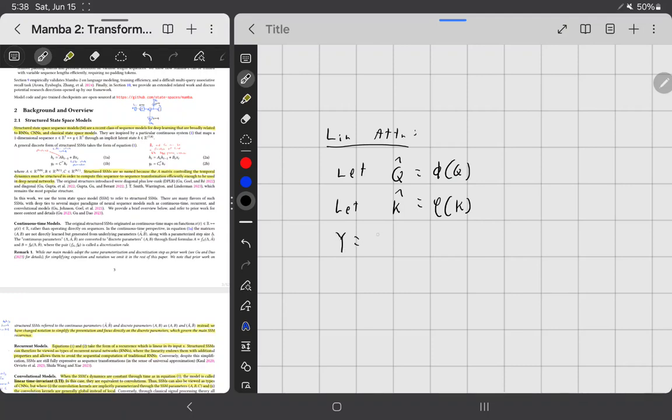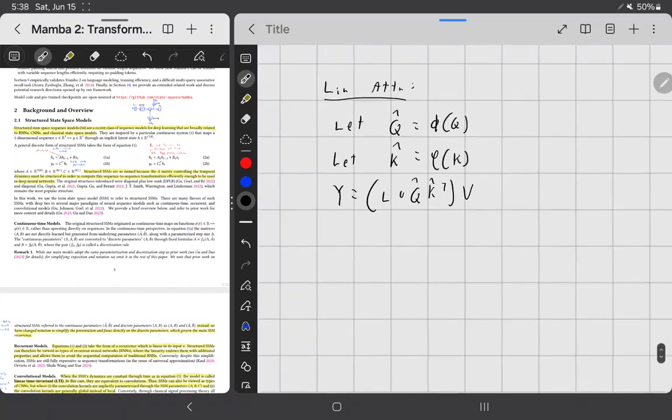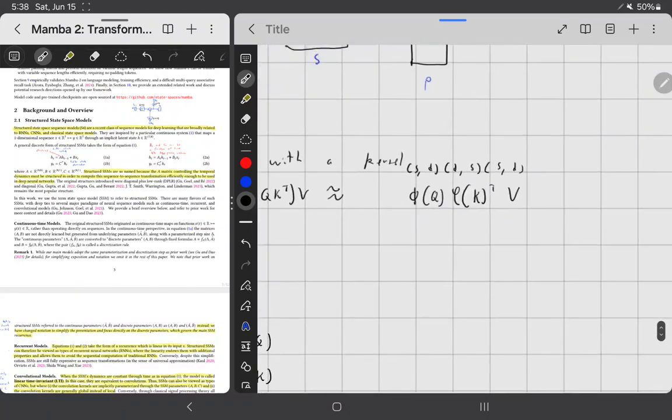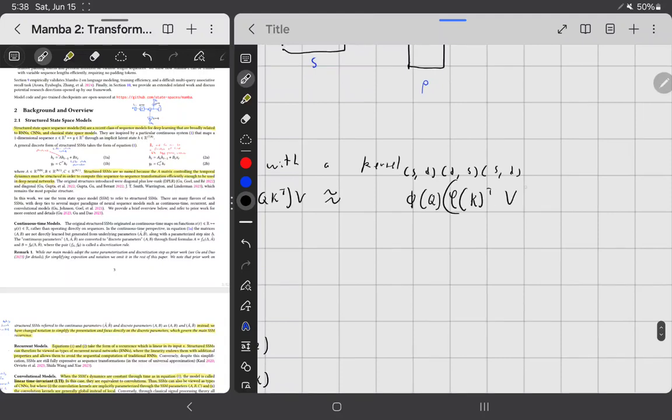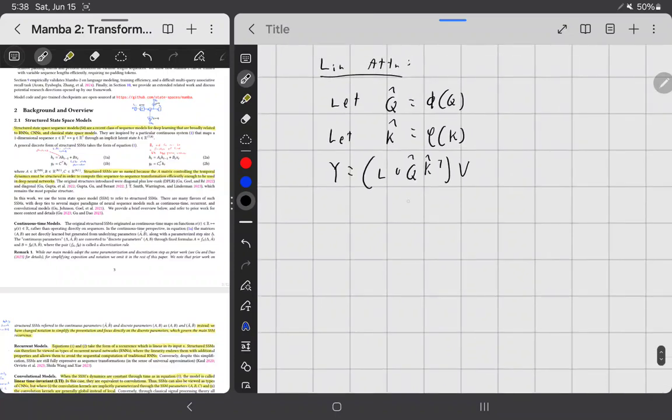Then what we have is y is equal to L of q k transpose v. Now, this is with the mask. Above, this was without the mask, and it was super easy. You can just say, I do right first or I do left first. However, this is annoying to deal with. But what you can do is redefine this as a cumulative sum.